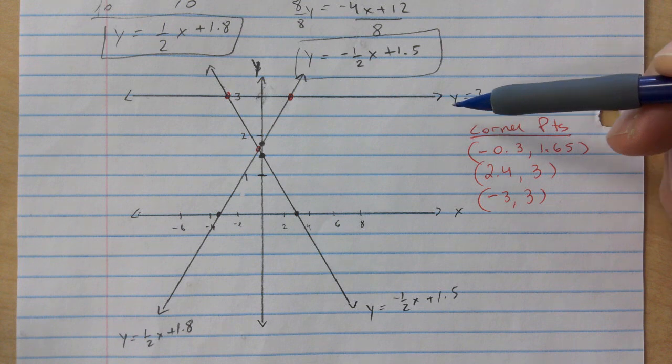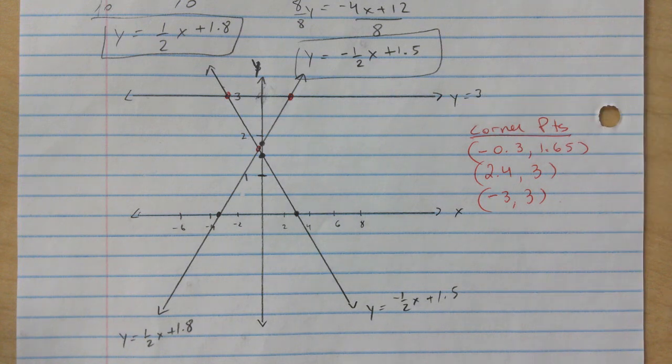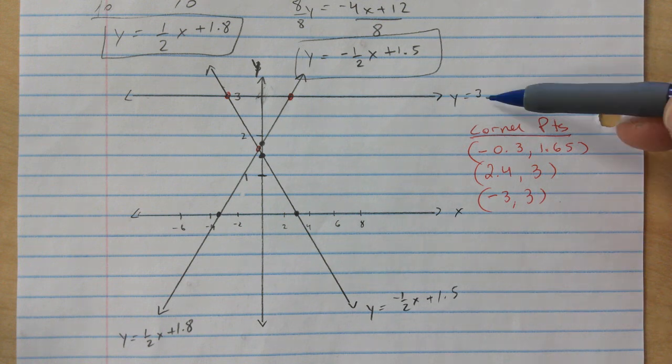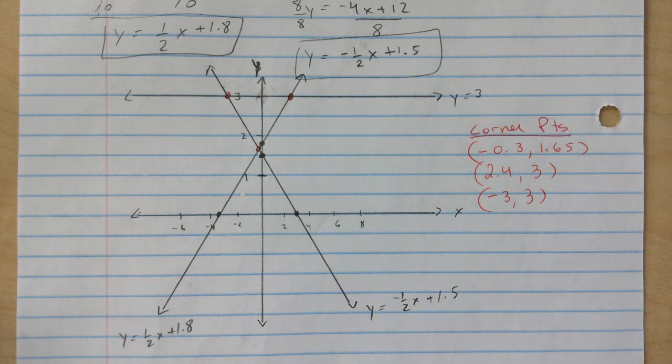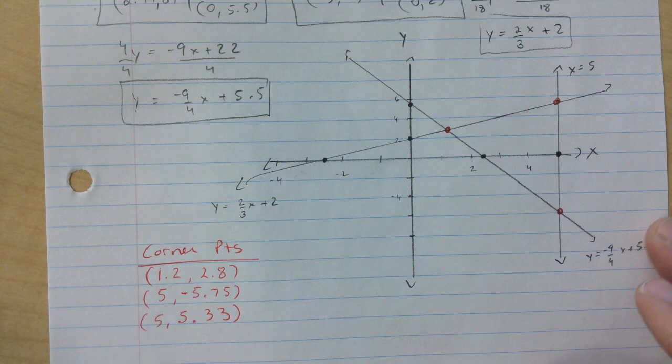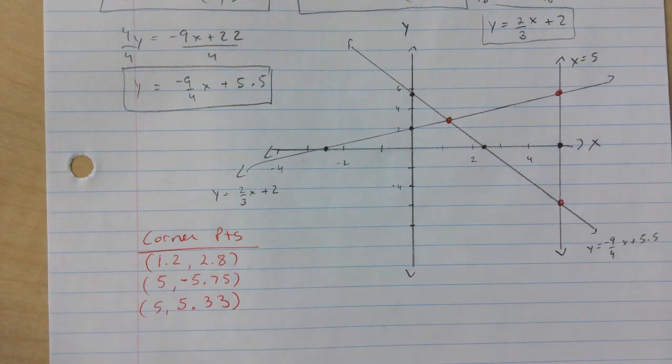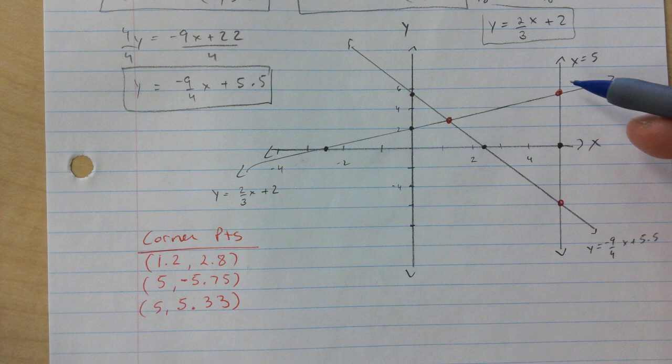It's not going to be a nice small window. Okay, so here are your points for C, and here are your points for D. Okay, so write them down. Here you had a vertical line, right? And so that kind of made it a little easier.